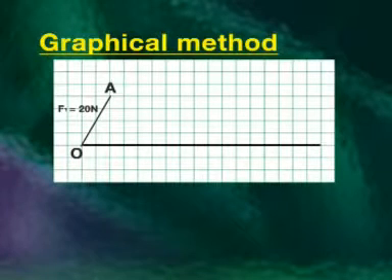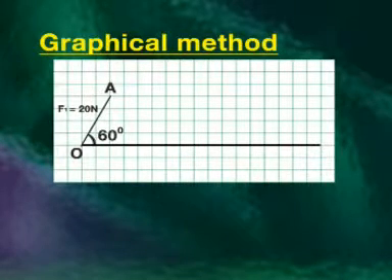Therefore, with our ruler, we draw a line OA of length 8 centimeters to represent F1 equals 20 newtons. And with the protractor, we obtain another line OE, more than twice the length of OA, and making 60 degrees with OA.